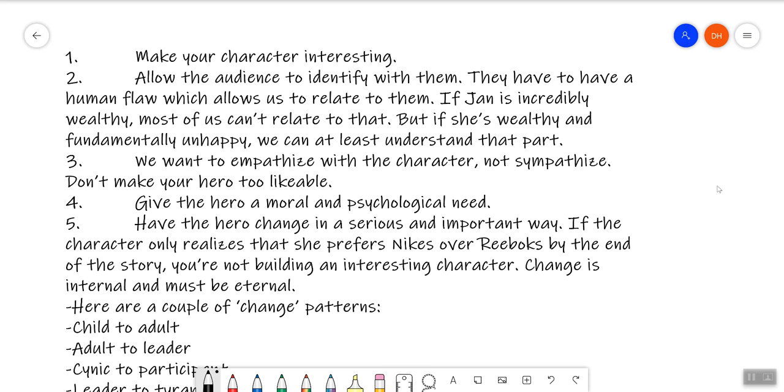Okay. Number three, we want to empathize with the character, not sympathize. Okay. Don't make your character, your hero, too likable. You know, you can make them somewhat likable, but I mean, have you ever met somebody who went out of their way to just constantly be agreeable with you?